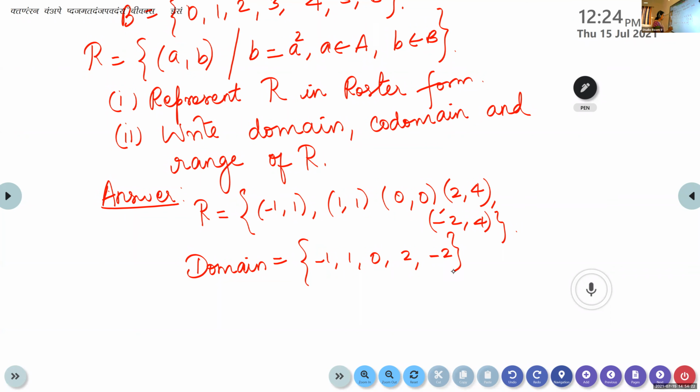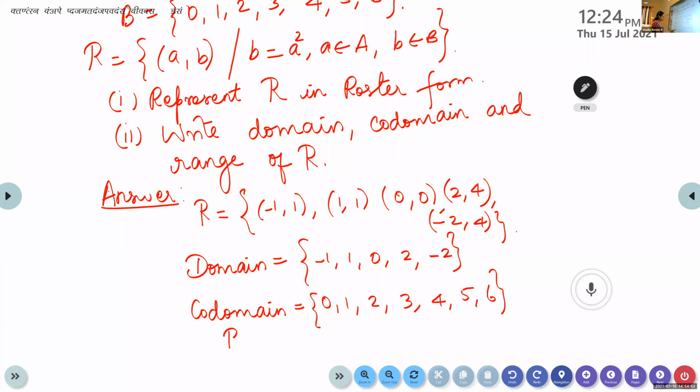That is the domain. What about the codomain, Niranjan? 0, 1, 2, 3, 4, 5, 6. We take the second set as a whole, isn't it? For codomain, we will take the second set.